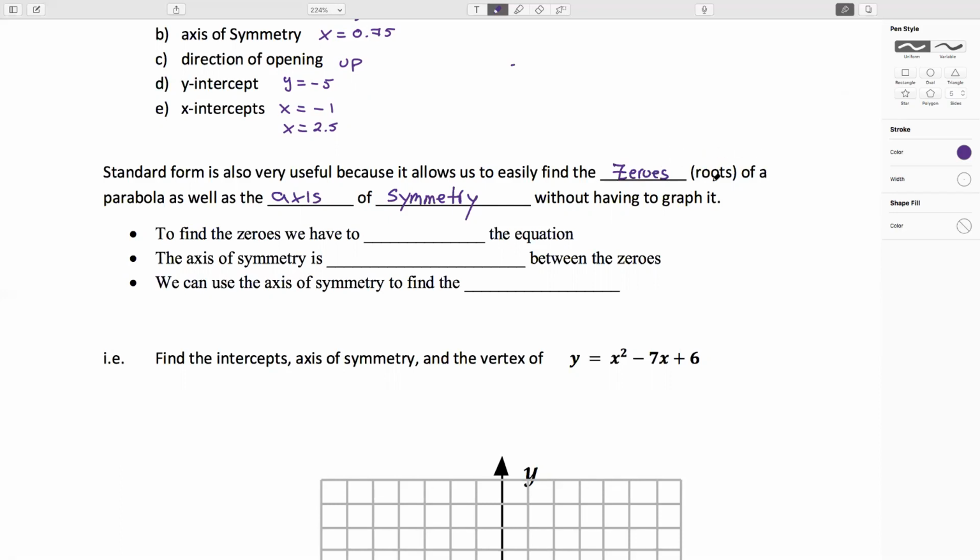Typically, we'll call it the roots of the equation. Those are the zeros or x-intercepts of the function, but they're three words that we just use interchangeably here. To find the zeros, we are going to have to factor the equation. We can factor it or use the quadratic formula, whatever you prefer. The axis of symmetry is halfway between the zeros.